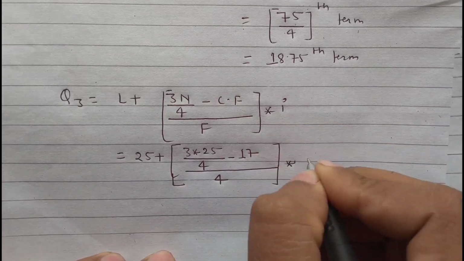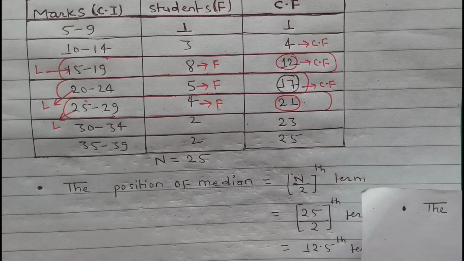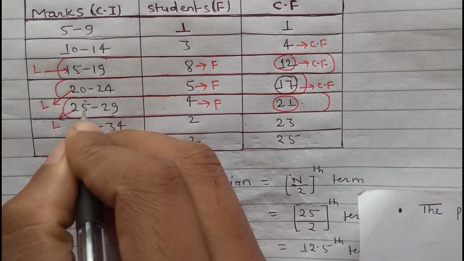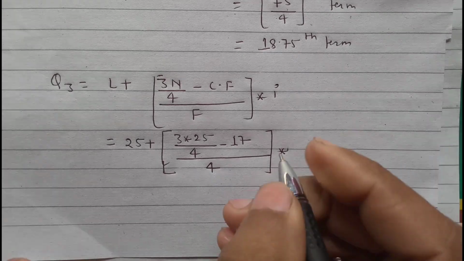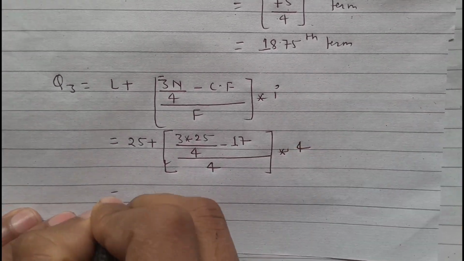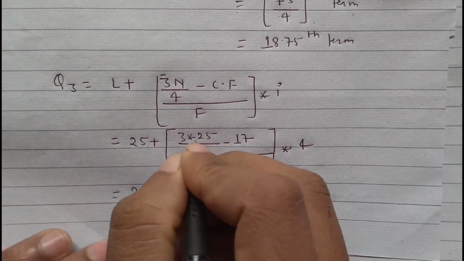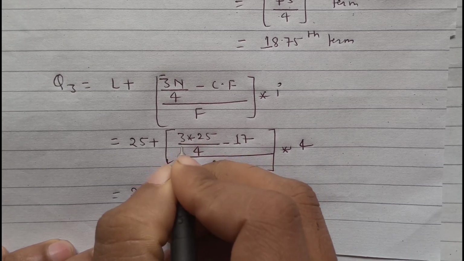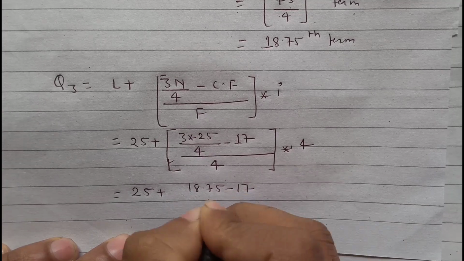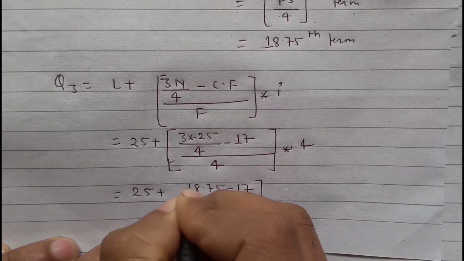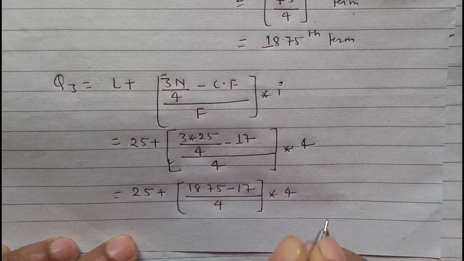Into I, meaning the difference between the class interval. What is the difference between the class interval? Upper limit minus lower limit. 29 minus 25 is 4. So we have to write here 4. Now we have to solve 25 plus 25 into 3, 75 divided by 4 is 18.75, minus 17, divided by 4, into 4.